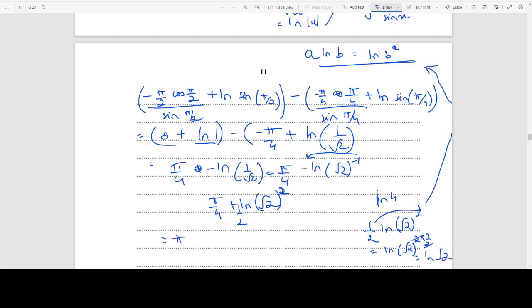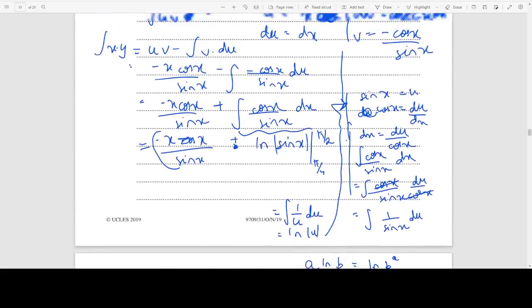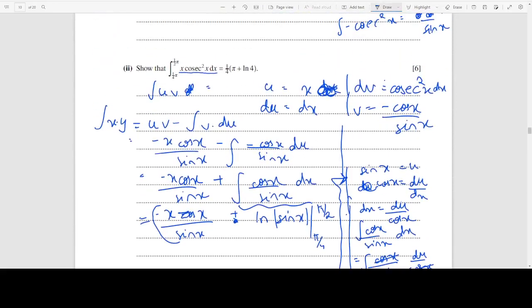So I have pi upon 4 plus 1 half ln root 2 square, which is 2. Again, I'll do the same thing. I'll take square and divide this by 2. So I have pi over 4 plus 1 upon 4 ln 2 square, which is 4. Now we take 1 upon 4 common, we get pi plus ln 4. Yup, correct. So hence proved.